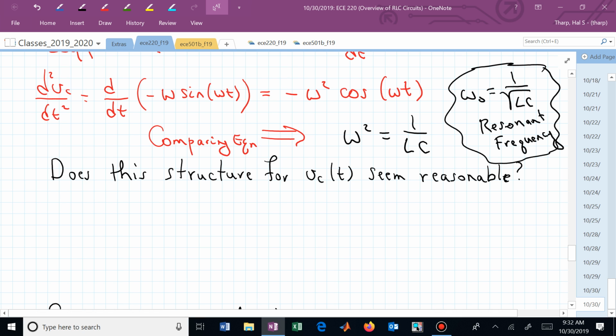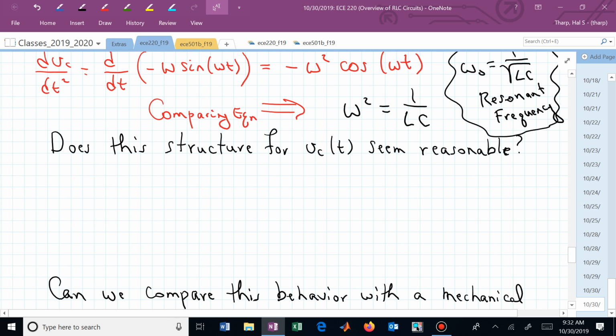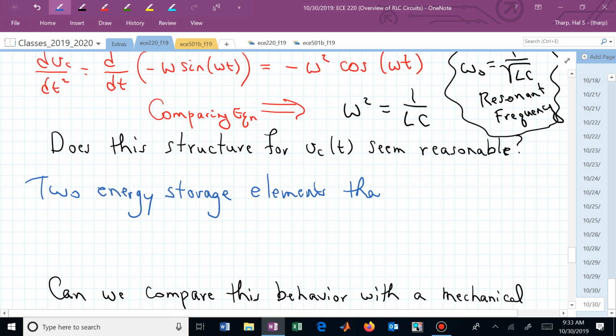With the natural frequency, you have a natural frequency, but we're usually higher than that with electrical, aren't we? Much higher, but this structure does seem reasonable. We have two energy storage devices, or elements, that in fact pass energy back and forth.